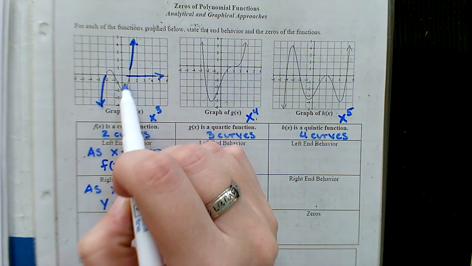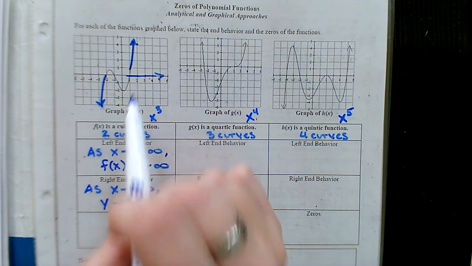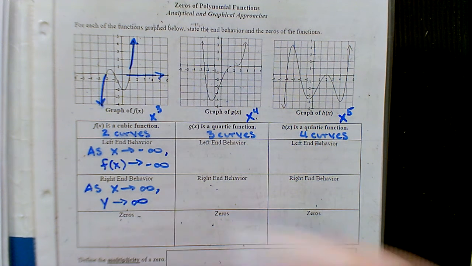If you were to trace it with your pencil, are we thinking they're going up? All right, I see pencils moving, which means you're writing something down. It'd just be up, or positive infinity, okay?